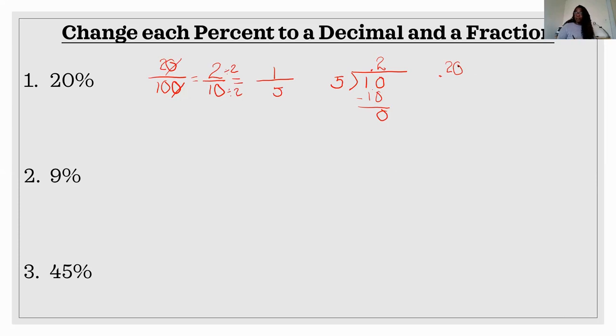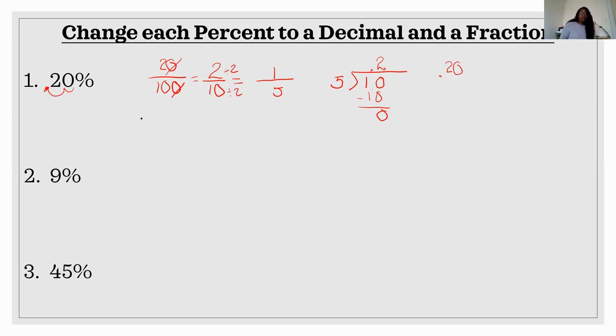If you remember, there was a rule. If I start with my percent sign, since it's out of 100, I can move the decimal 2 places. If I start a decimal point right where the percent sign is and move it 1, 2 places to the left, I can change that percent to a decimal.